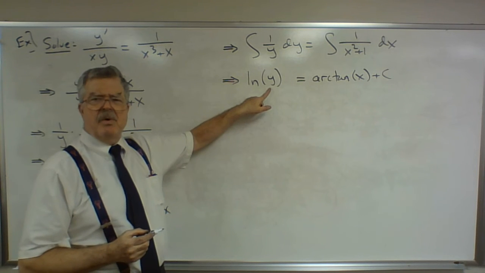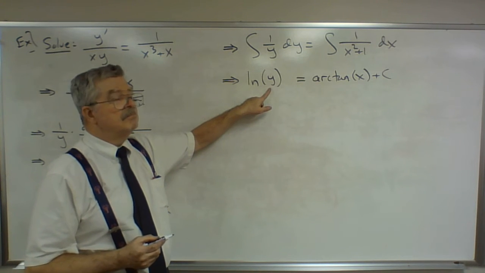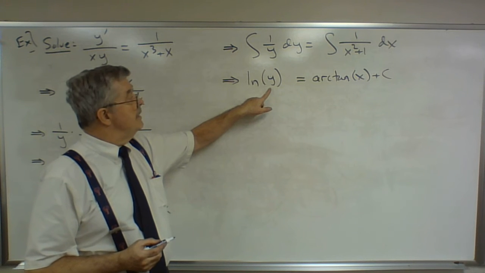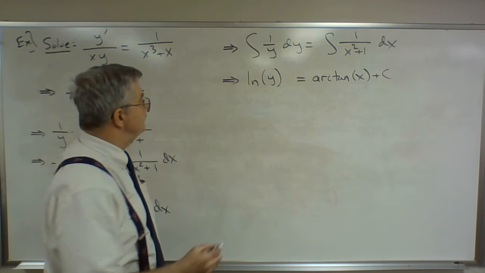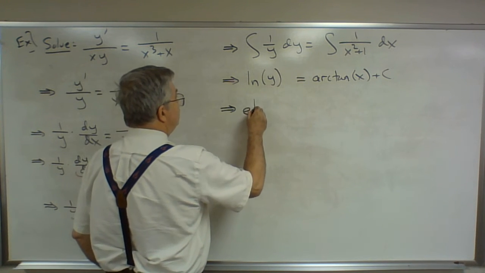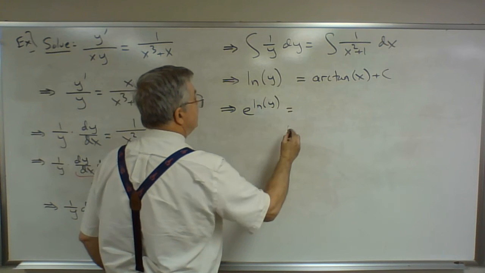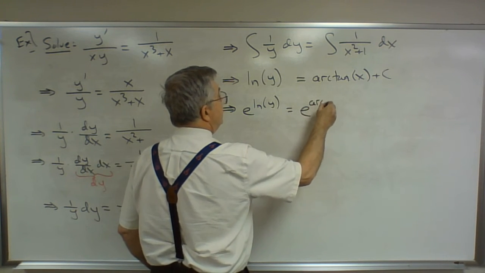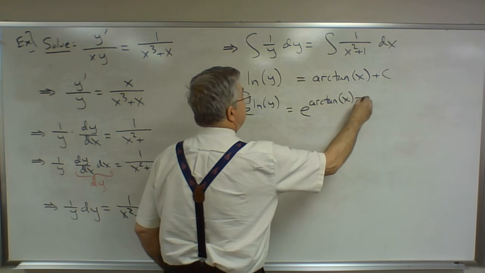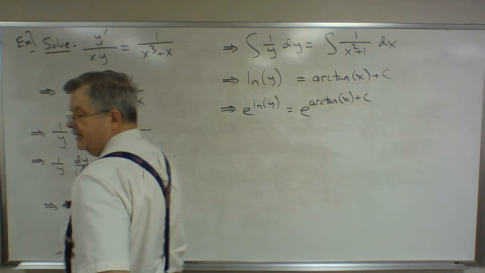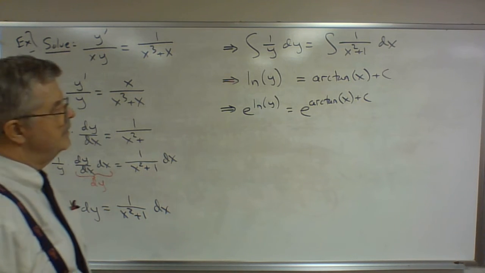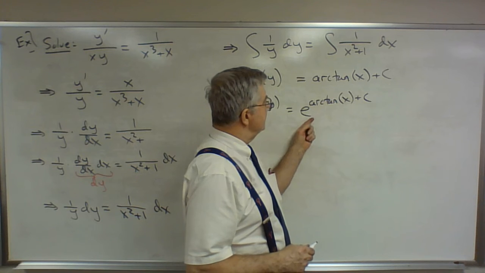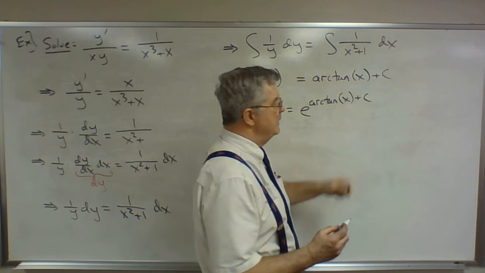Can I solve for y explicitly? I think I can. Again, just use both sides of the equation as the argument of the exponential function. So I'll have e to the natural log of y equals e to the arctangent of x plus c. I have e to the power of the sum of two things.